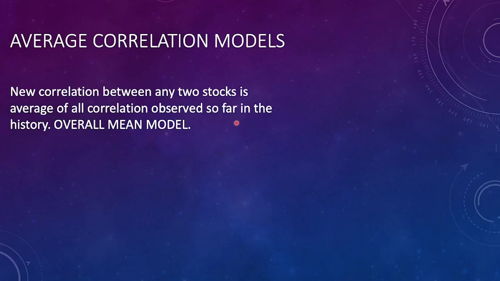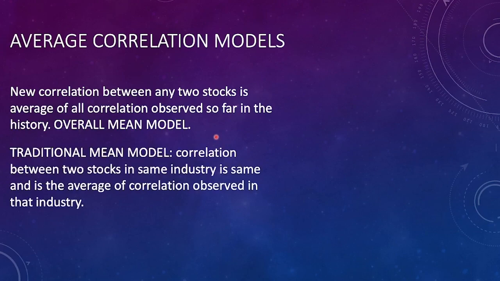So it is the same correlation coefficient for every pair of stocks in the market, and it's called the overall mean model. It sounds like complete nonsense from a practical perspective, but from a research and theoretical perspective, this is a baseline. So everything should be able to do better than this, right?